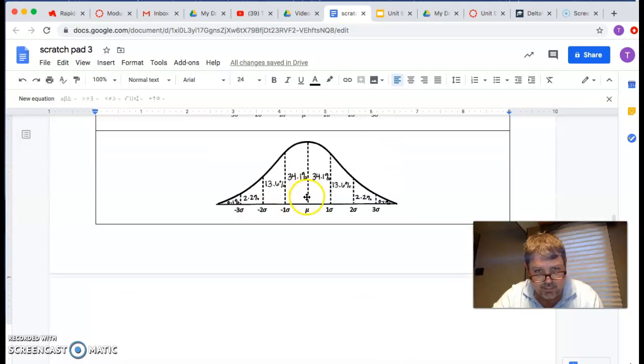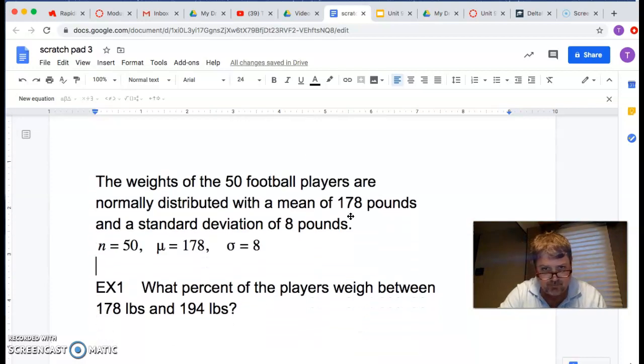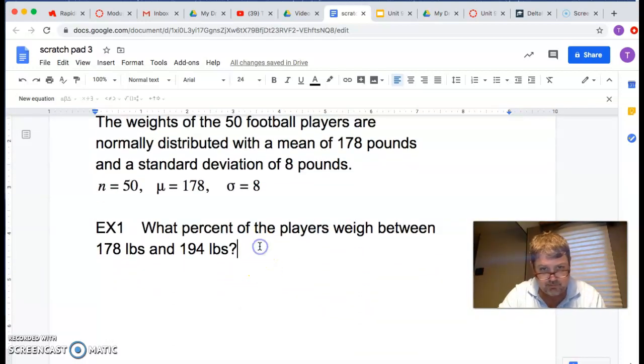So 2 standard deviations from the mean will be 34.1 plus 13.6. So what does that give us? 47.7%. You would work it out just by looking at the chart. Okay, it is that simple.